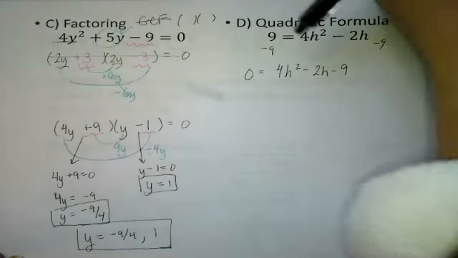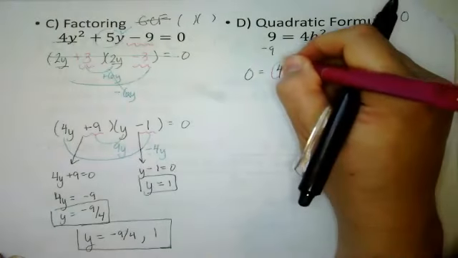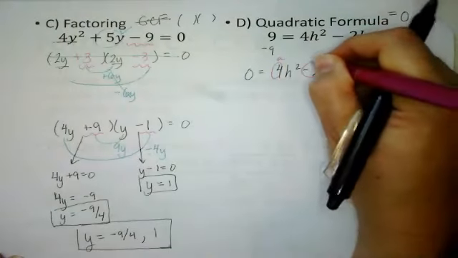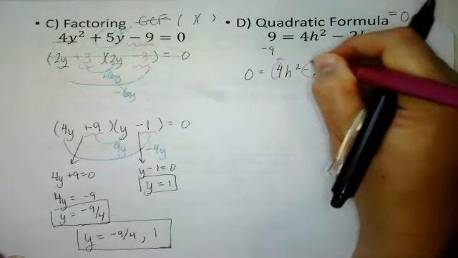And now I can see that I have my A value of 4, my B value of negative 2, and my C value of negative 9. And then I can just use the quadratic formula to solve. X equals the opposite of b plus or minus the square root of b squared minus 4ac all over 2a. And yes, you do need to memorize that. That is definitely one of the things you must know in life.